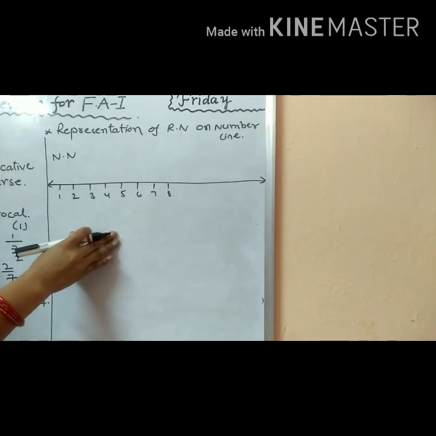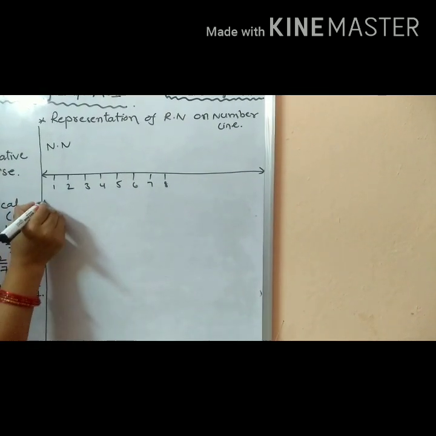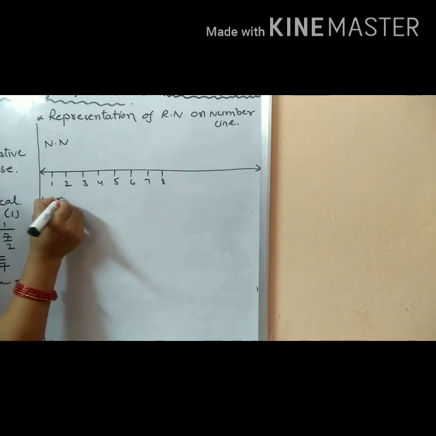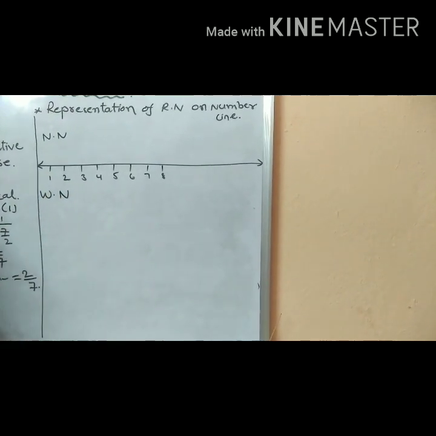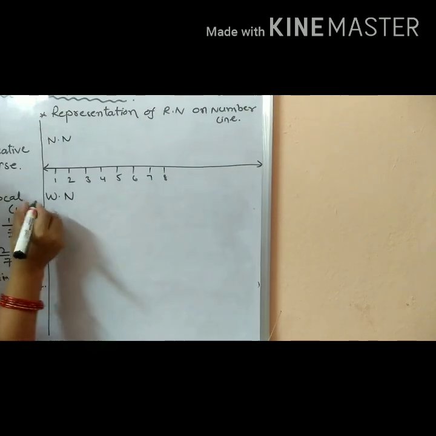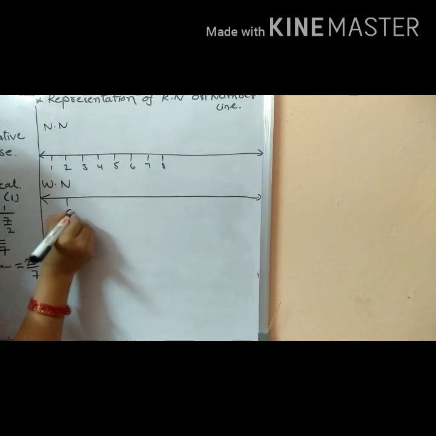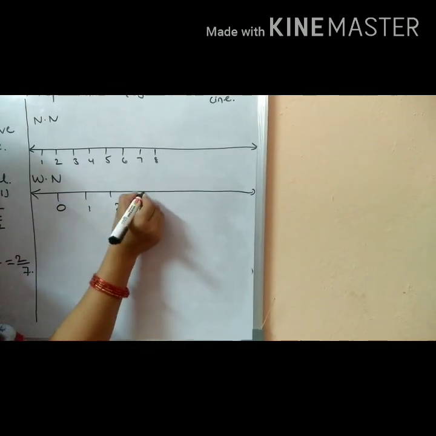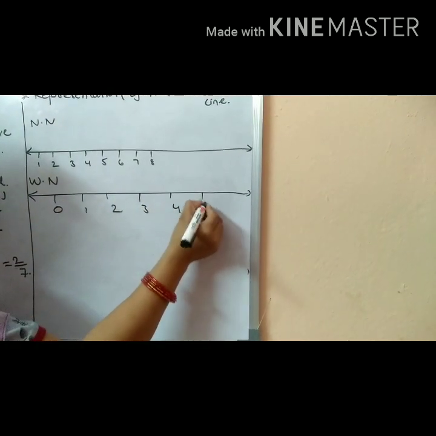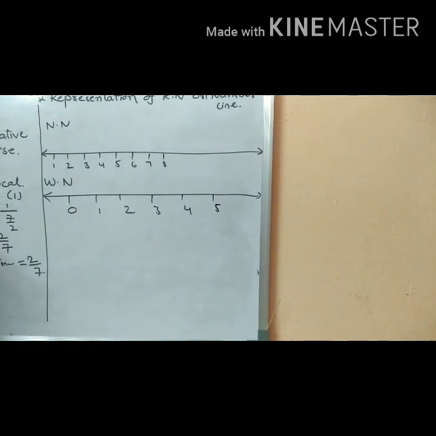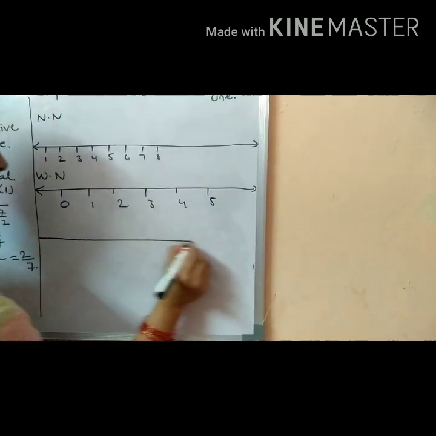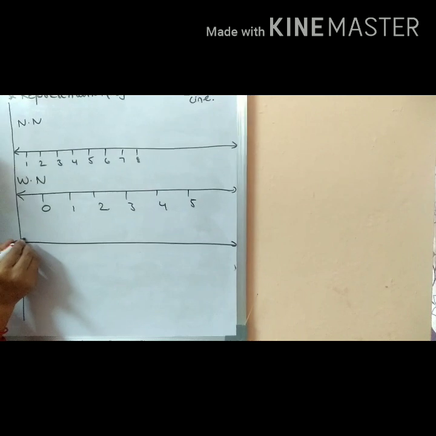Okay. And the next case is whole numbers on the number line. Along with this, starting with 0: 0, 1, 2, 3, 4, 5, like this only.